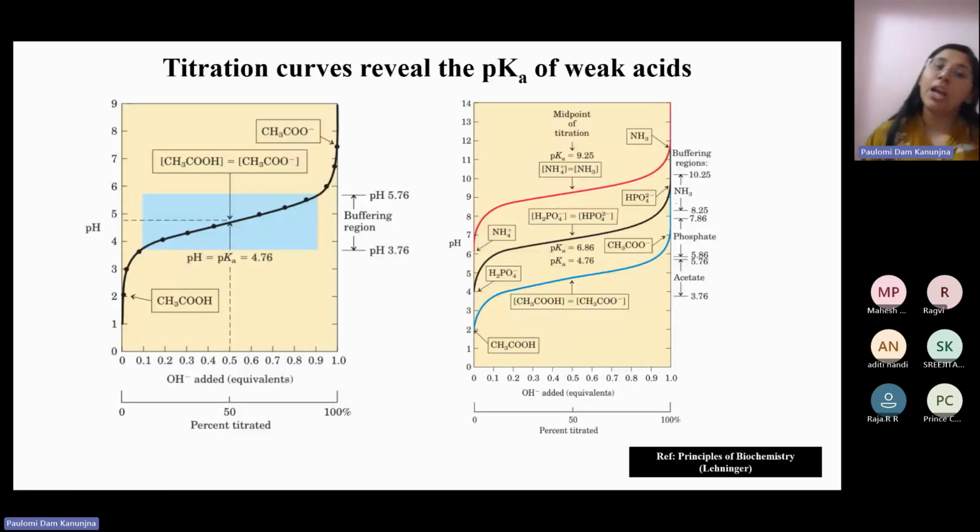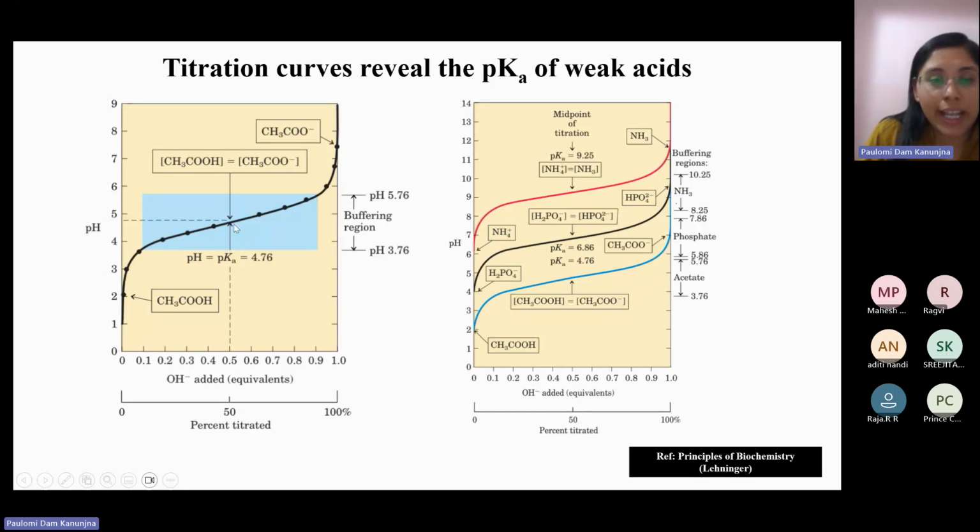Remember, I also have water molecules which are dissociating, so my hydrogen ions go and attach to other water molecules as well. So my H+ ions are being recycled and more of my CH3COOH, which is basically my acetic acid, is getting ionized, until I add 0.5 equivalent, or half of what I am supposed to use, of my base.